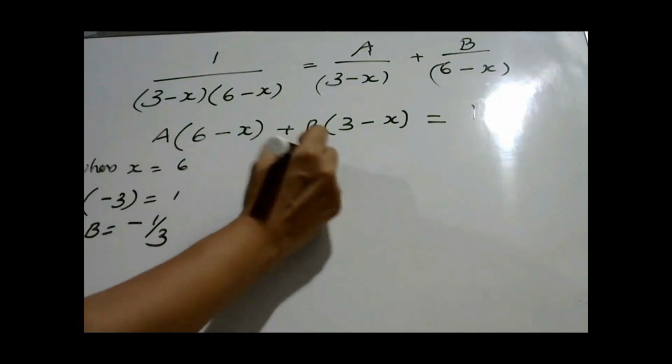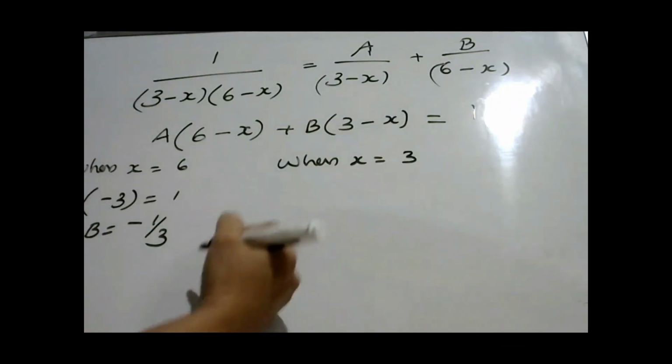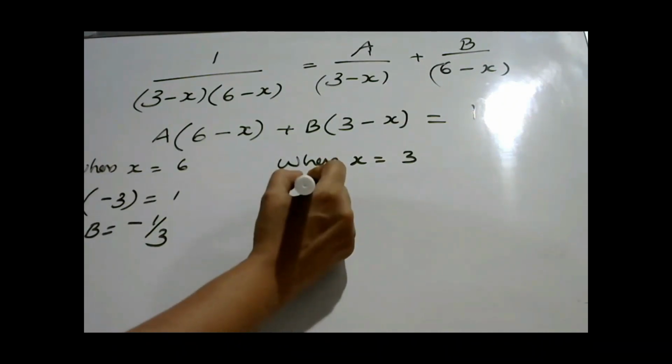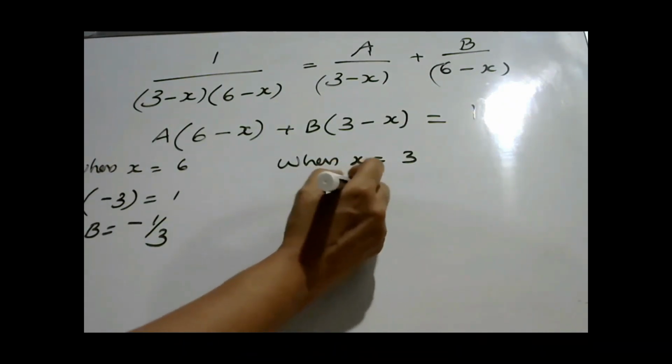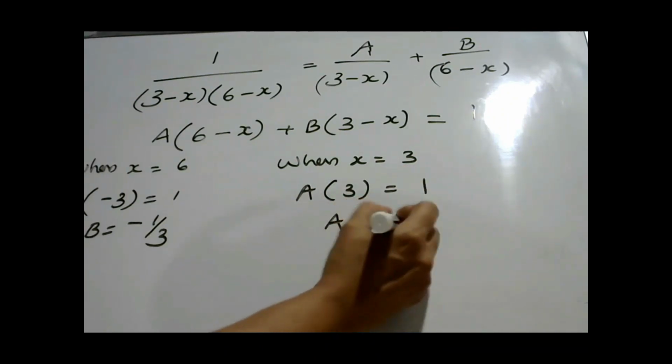Similarly, when x is equal to 3, this term cancels. So A times (6 minus 3), which is A times 3, is equal to 1 and A is equal to 1 over 3.